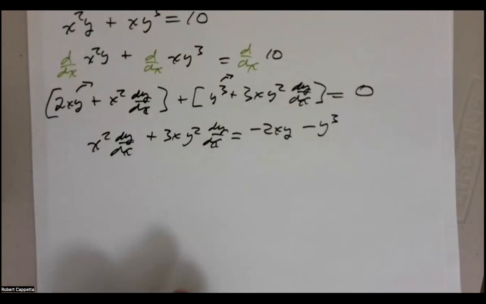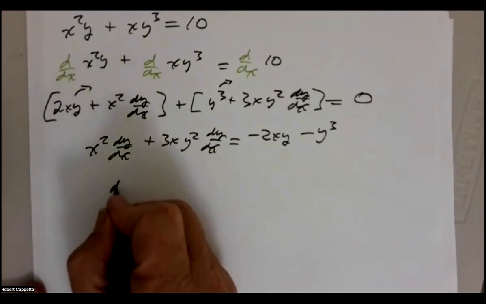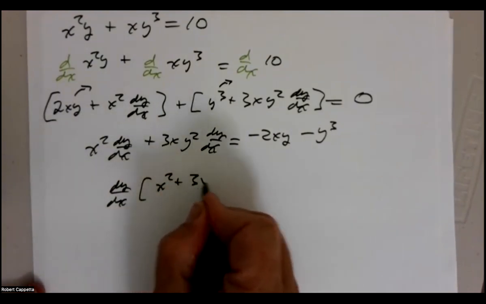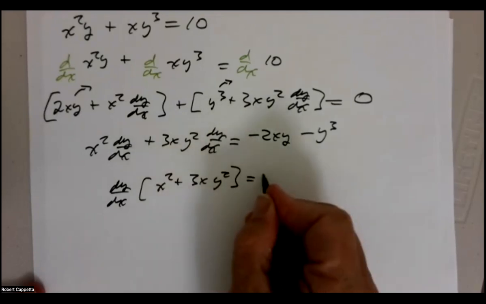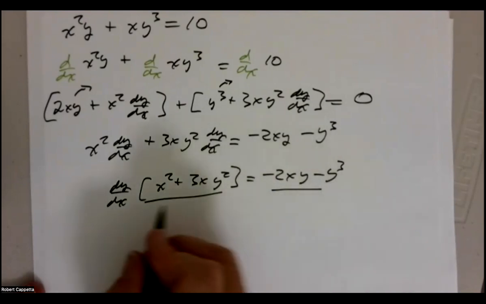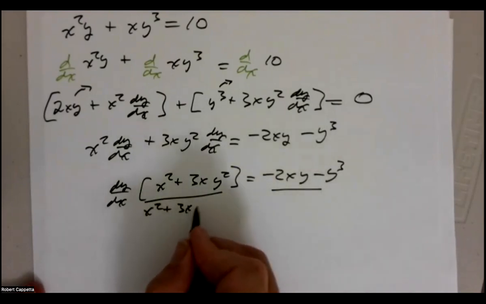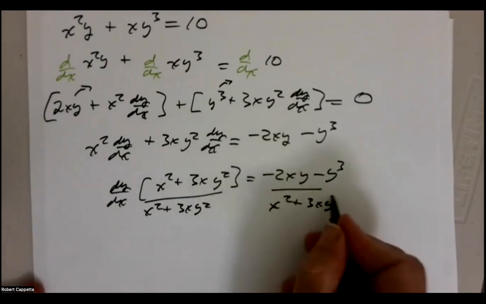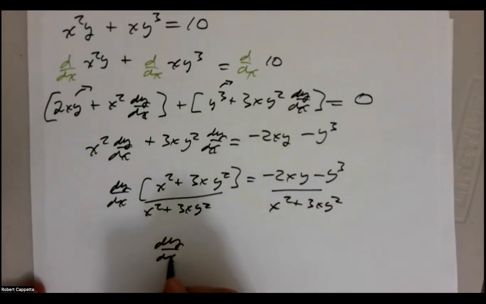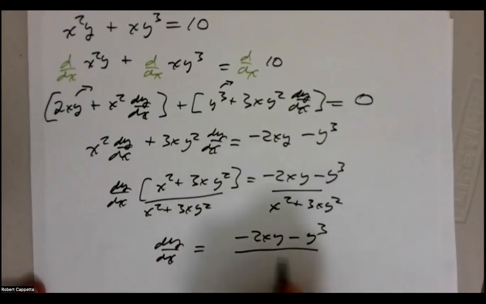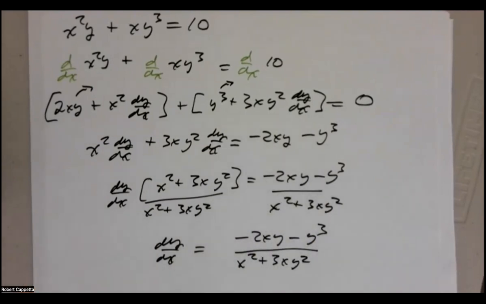Factor out the dy/dx on the left side, and I get x squared plus 3xy squared equals negative 2xy minus y cubed. Divide that stuff out on both sides, x squared plus 3xy squared, and I get dy/dx is negative 2xy minus y cubed over x squared plus 3xy squared.